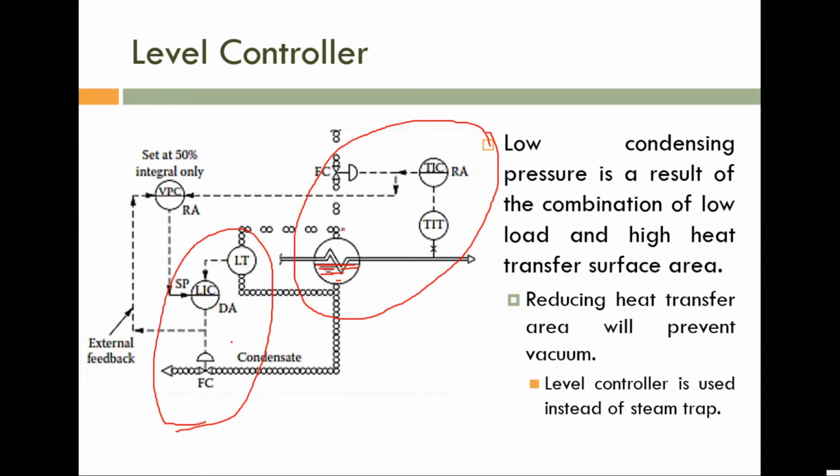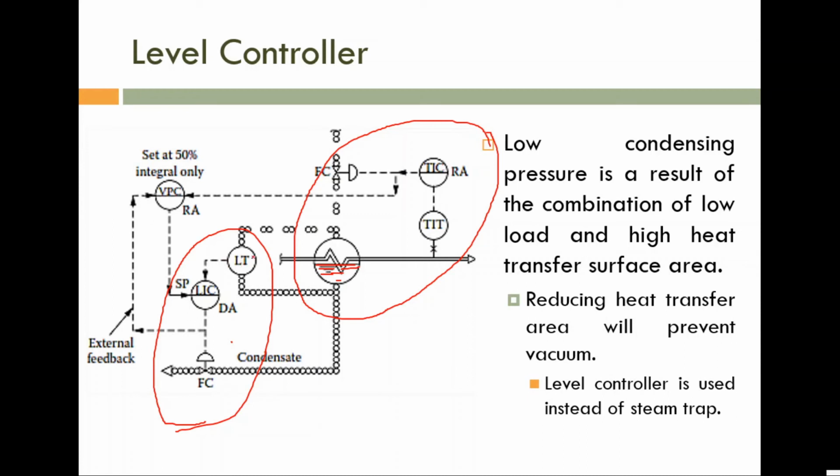An external tap is taken both from the steam side and the condensate side. Okay, so you can see that this one is an external tap or external pipeline, and the liquid level inside that pipeline is measured, LT is measured. So this liquid level will be exactly equal to the liquid level inside the steam heater, because this one is a closed one. Okay, so these two are exactly equal.